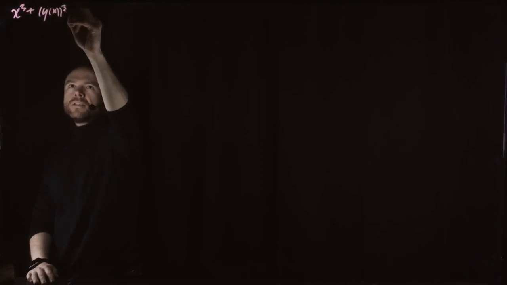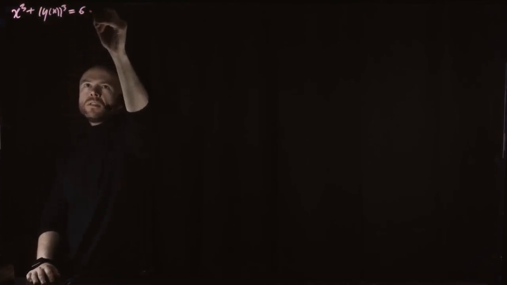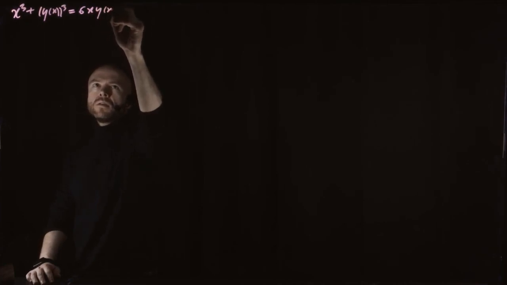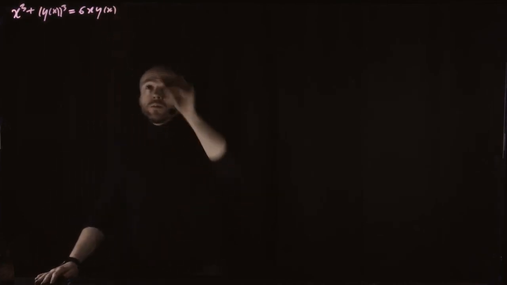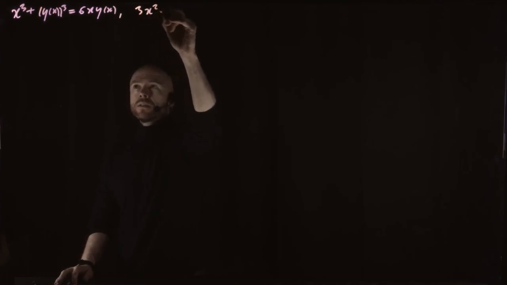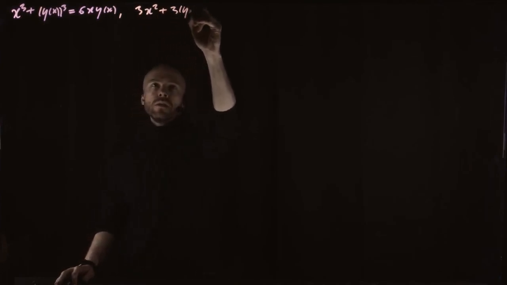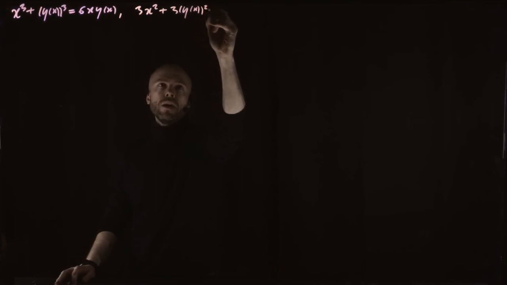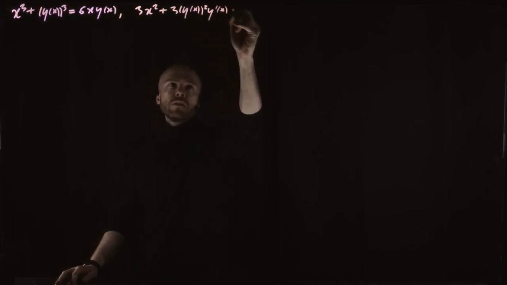What did we get to? So we had x to the 3 plus y of x to the 3 is equal to 6x y of x. And we're going to differentiate through. So we're going to have 3x squared plus 3 y of x squared y prime of x.